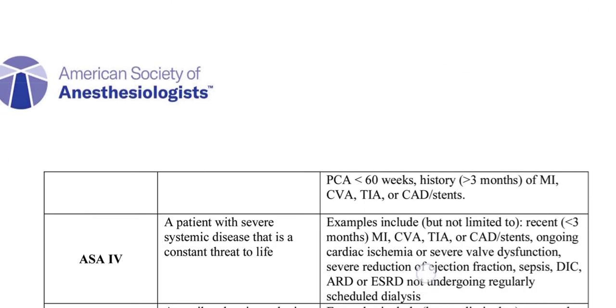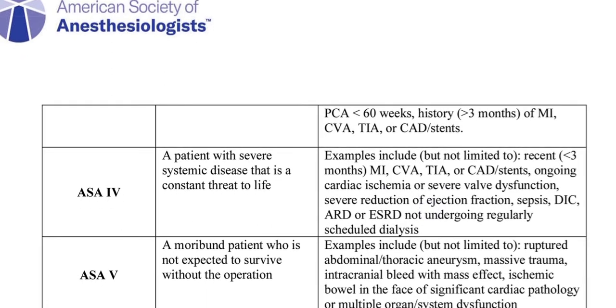These diseases will all come under ASA classification 3. Next, ASA classification 4, a patient with severe disease that is a constant threat to life. Not only is the patient having severe systemic disease, but that disease is also a constant threat to life.